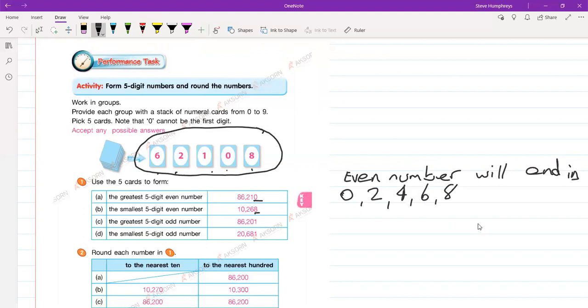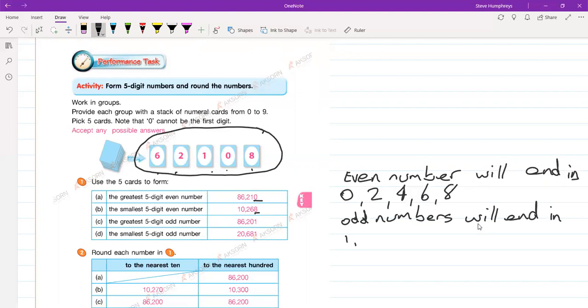Then the greatest 5-digit odd number, odd numbers. Will end in, when I say end in, I mean the last digit of the number.